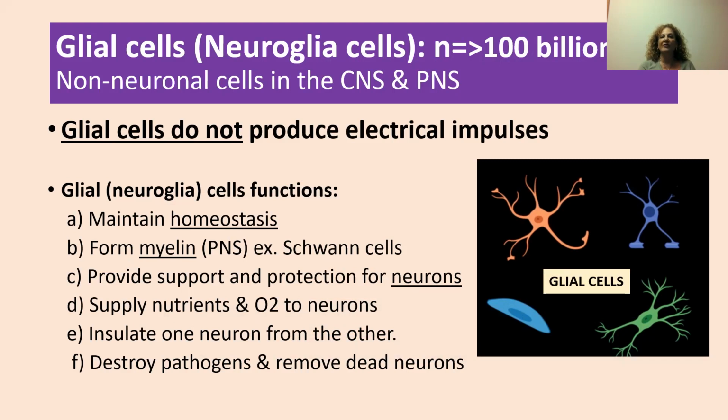They insulate one neuron from the other, and a type of glial cell, the microglial cell, has the specific function of destroying pathogens and removing dead neurons. So you can see that without the glial cells, the neurons would never survive. It's up to the glial cells to make sure that the neuron is protected and functioning the way it should.